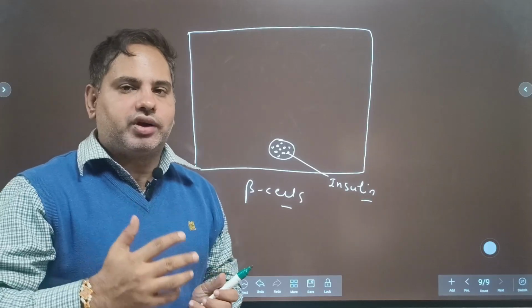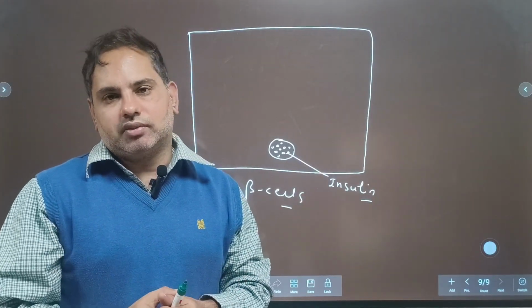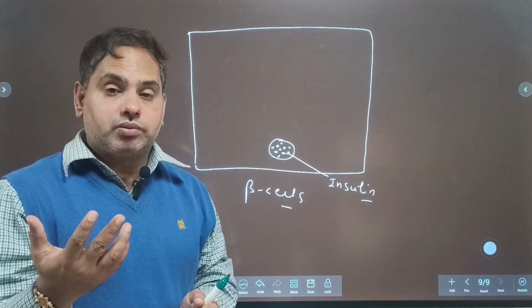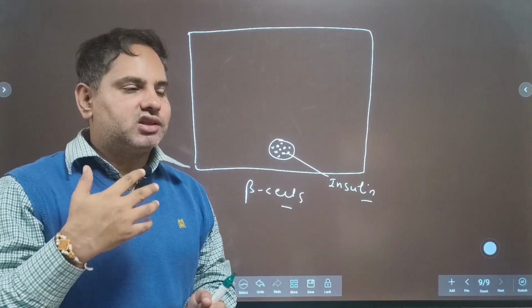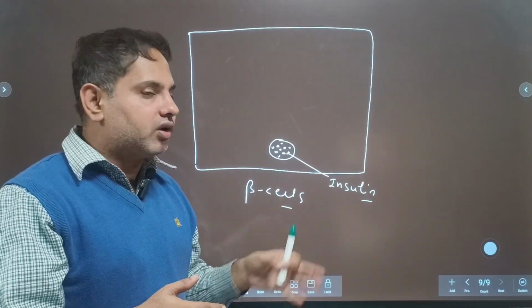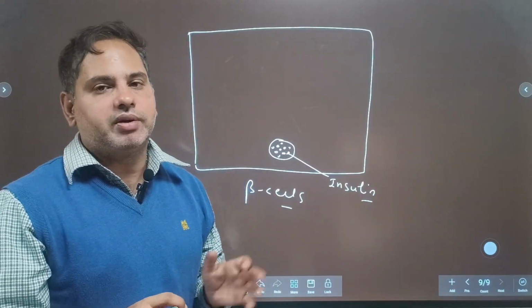Whenever you take a lot of food or some sweets, your blood glucose level is much higher. In these cases, these cells sense that blood glucose level is high, so they release one hormone, that hormone is insulin. So how is it released from the beta cells?